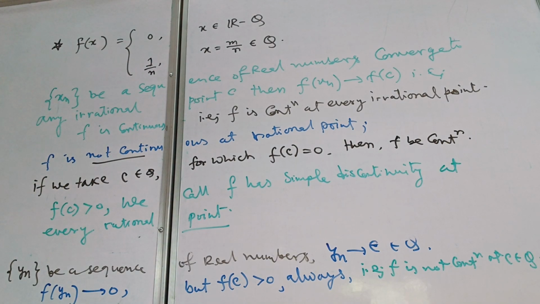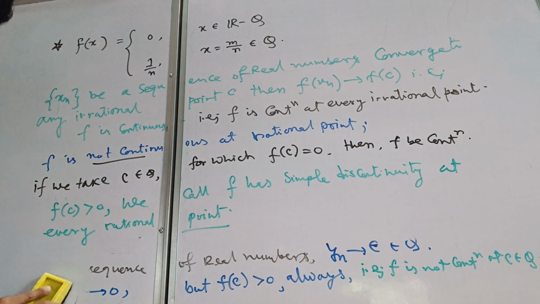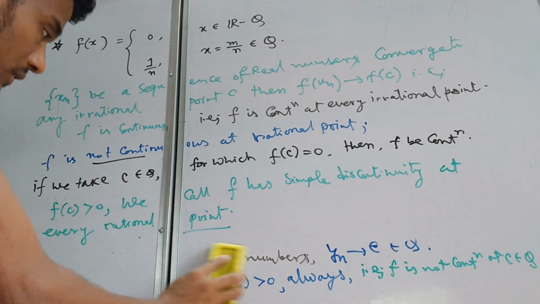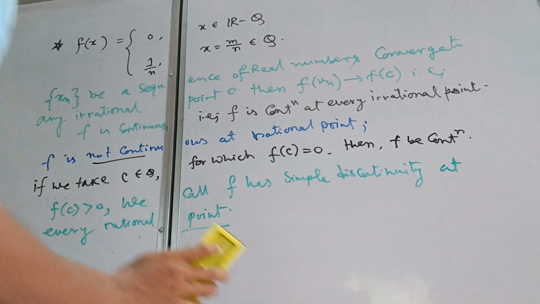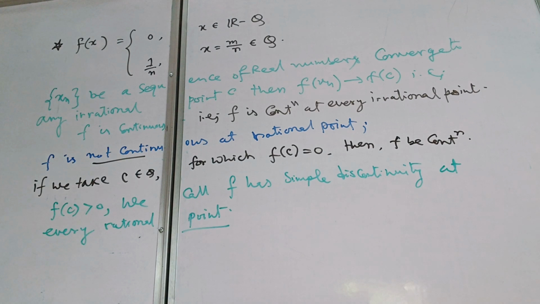I think all understand this easily. This is an important problem related to continuity of a function. So f(x) is continuous at every irrational point and discontinuous at every rational point, and this discontinuity is a simple discontinuity.